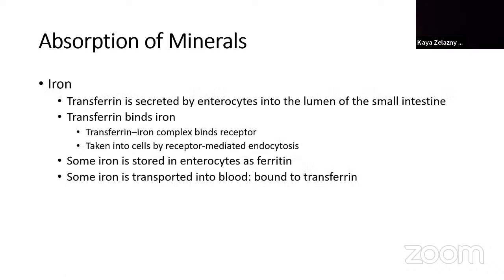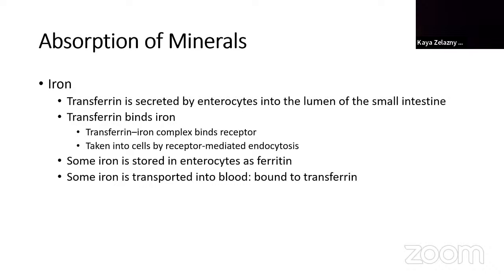Finally, I think this is finally, we have iron. We talked about the need for iron when we talked about hemoglobin and how we need iron in our heme group in order to bind oxygen. Some of that iron we were reusing from old red blood cells, but we also need iron in our diet in order to take in more iron.